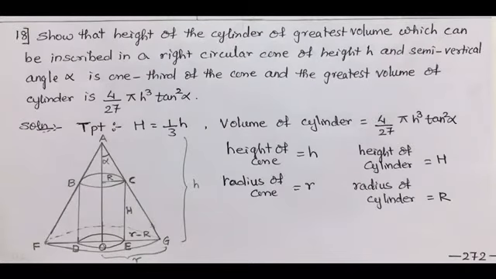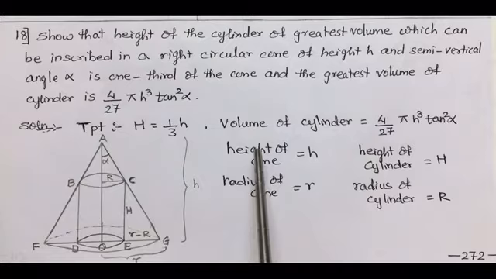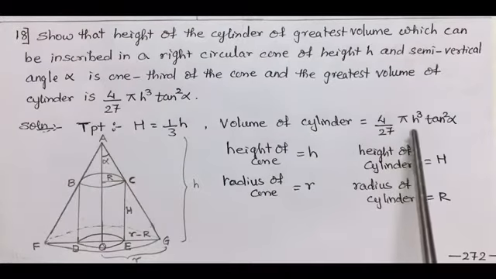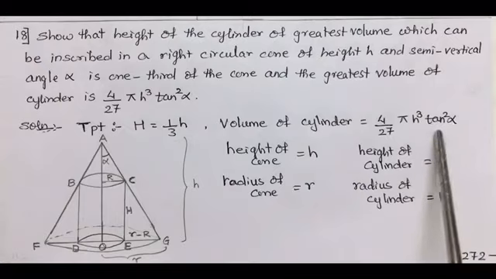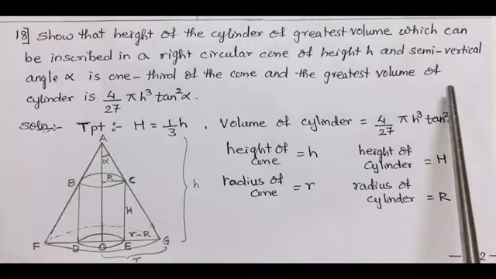Now, taking up all the dimensions, we have to prove that the height of the cylinder is 1/3 the height of the cone, and the volume of the cylinder is 4/27 pi h cube tan square alpha when the volume is maximum.